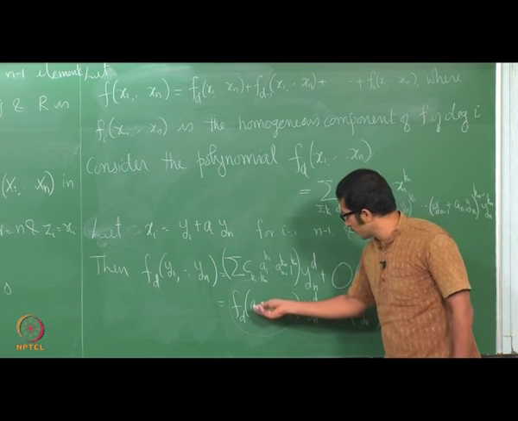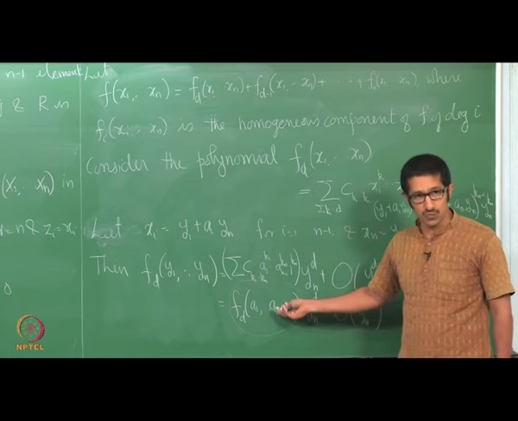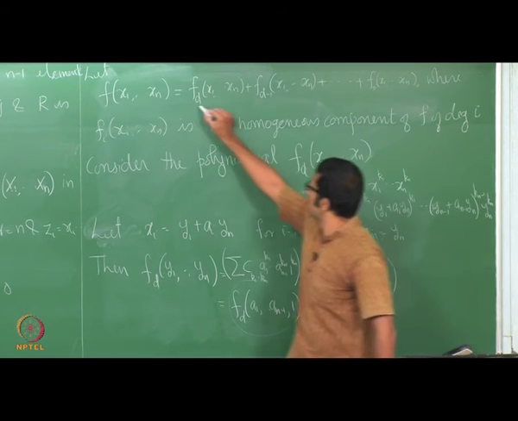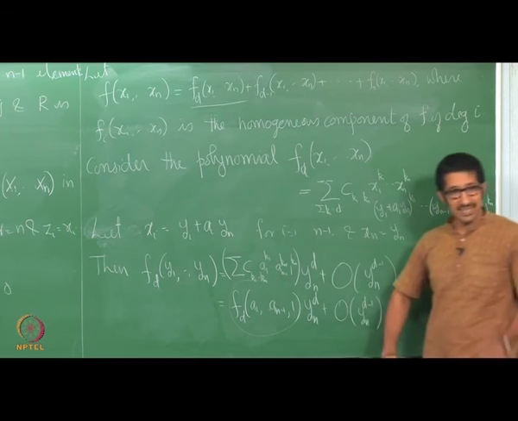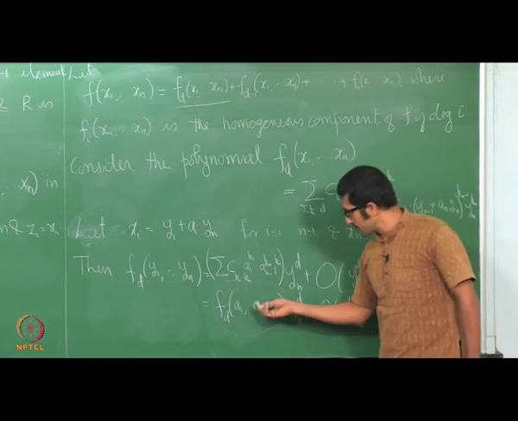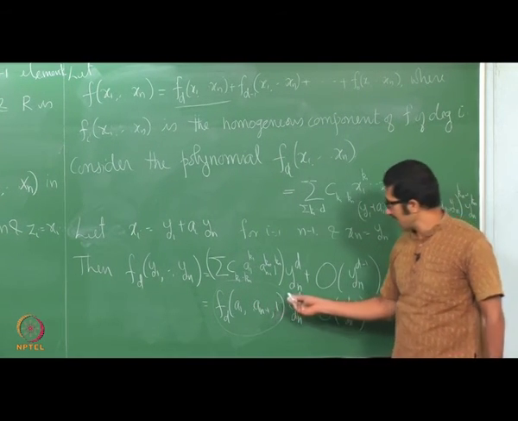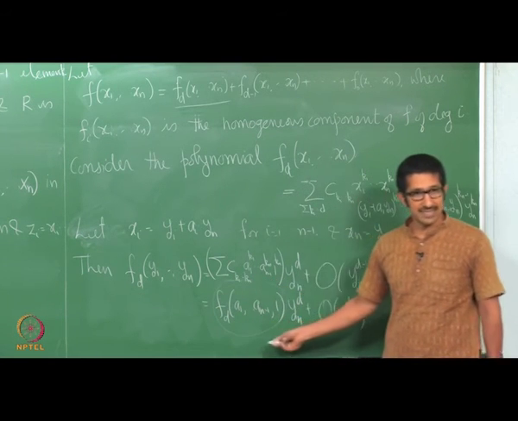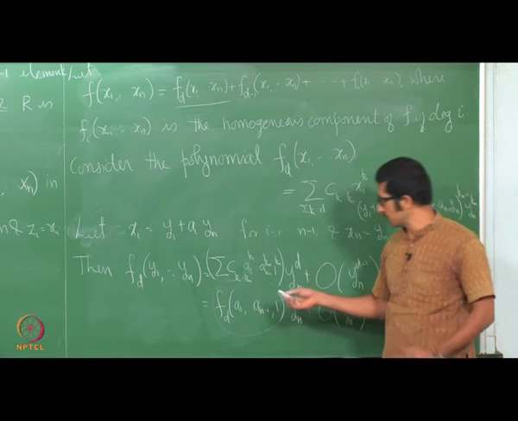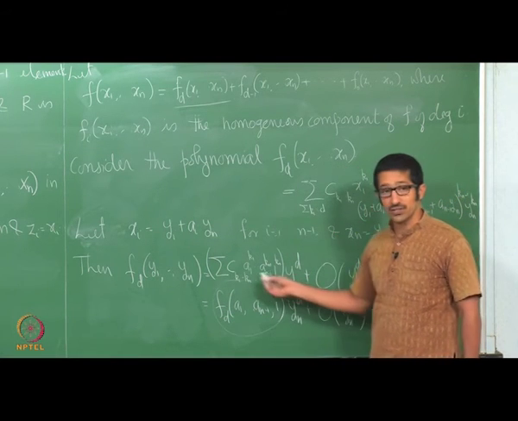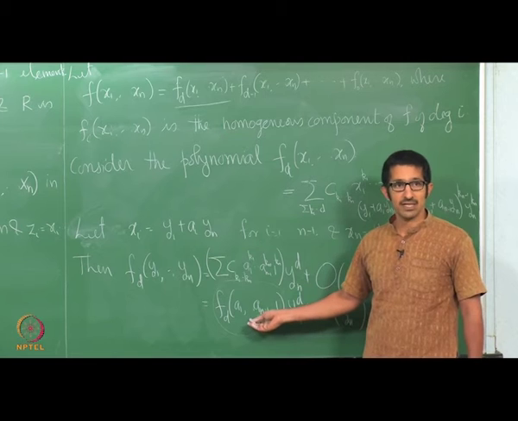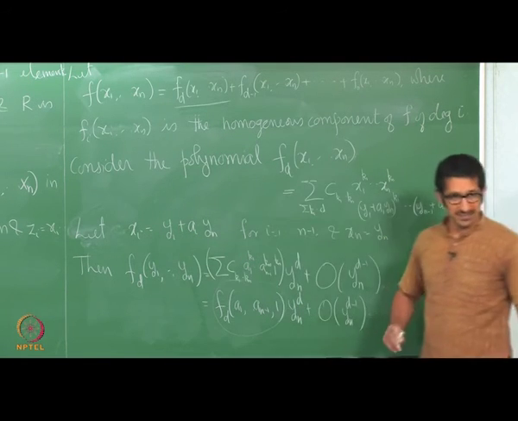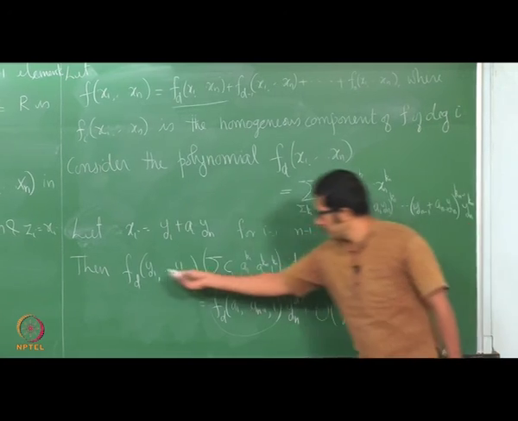See, if I can choose a1 up to a n minus 1 so that, given this homogeneous polynomial, this becomes non-zero, that is, there exist a1 up to a n minus 1 so that this is non-zero, then this transformation will give me a new polynomial.